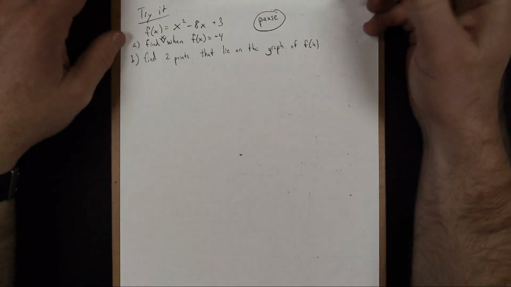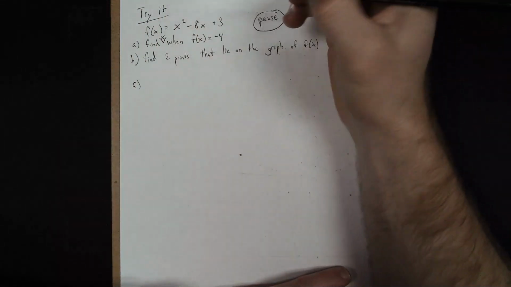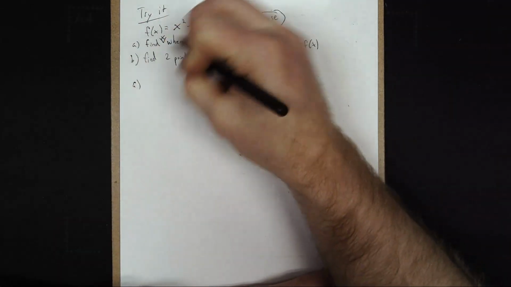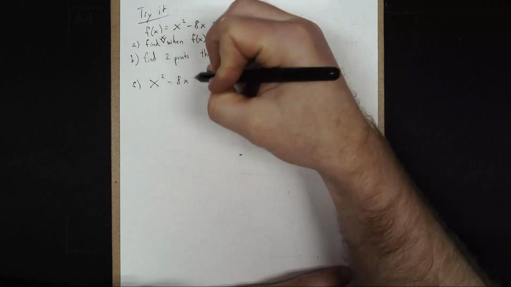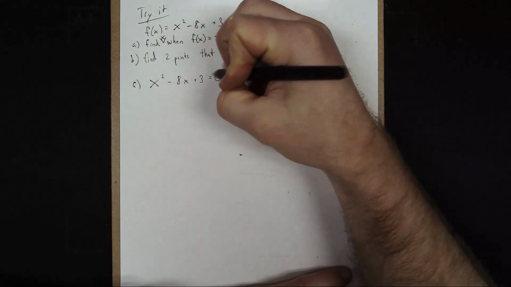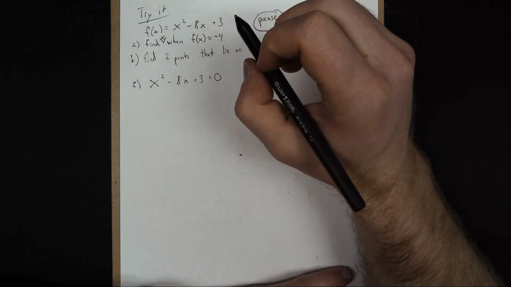Okay, so hopefully you tried it. All right, so for A, let's do this. I'm going to just flip these quick and set them equal to 0. So x squared minus 8x plus 3 is equal to 0.